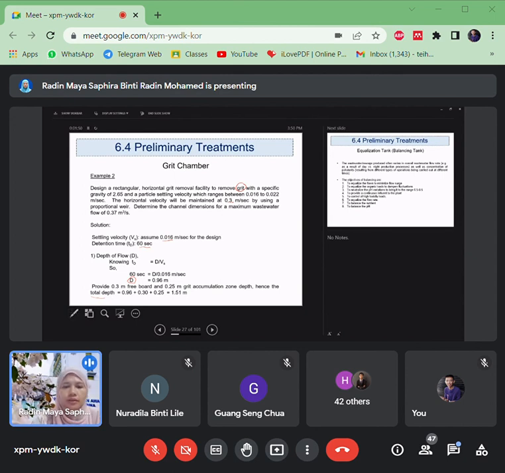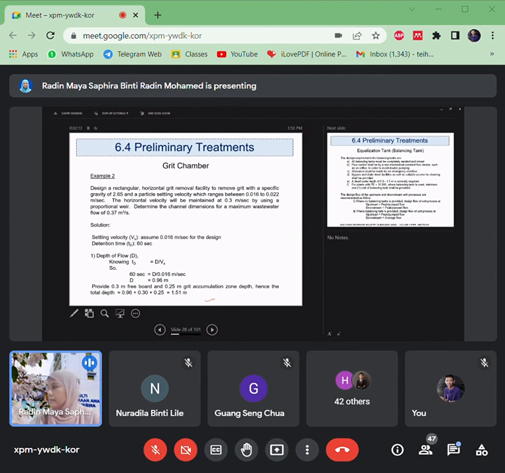Dan dapatkan width, kita tahu width from the cross sectional area, A equals Q over velocity, lalu velocity kan, horizontal flow velocity. So A equals Q over v, so you can get the width, lebar dia in here.